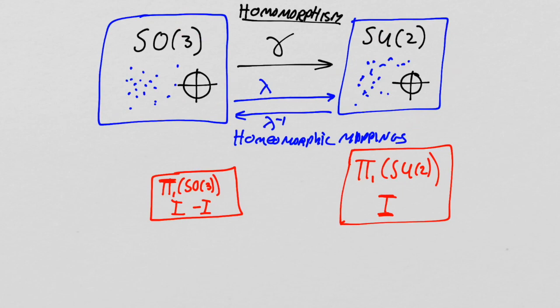It turns out that this is a simply connected topological space. This is a Lie group that is a doubly connected topological space. But they both share the same Lie algebra, right? We know that.